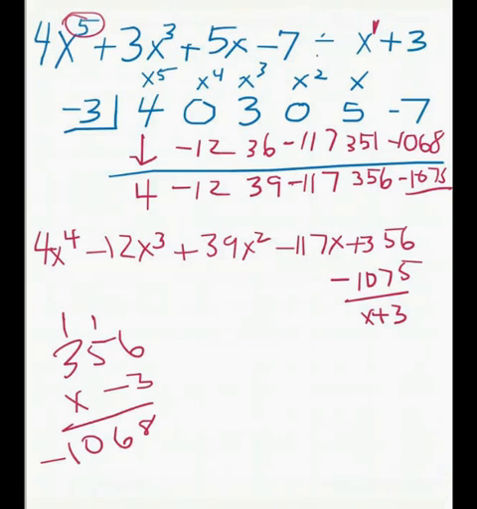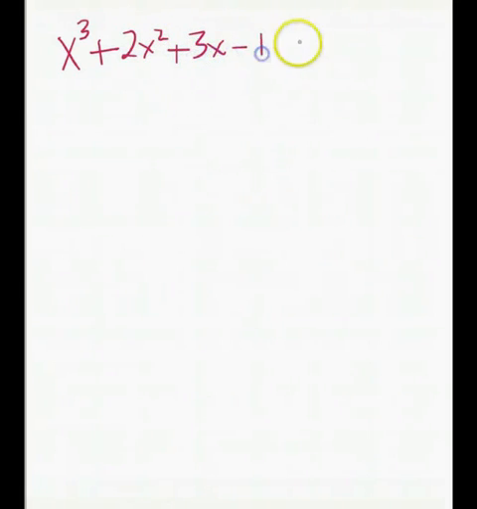Now, a little bit of a trick. Let me show you. Let's do an easier one, and I want to show you a little trick that you can test yourself with. So let's do x cubed plus 2x squared plus 3x minus 1, and then we're going to divide it by x minus 2. Alright, so if it's minus 2, we're going to put a 2.